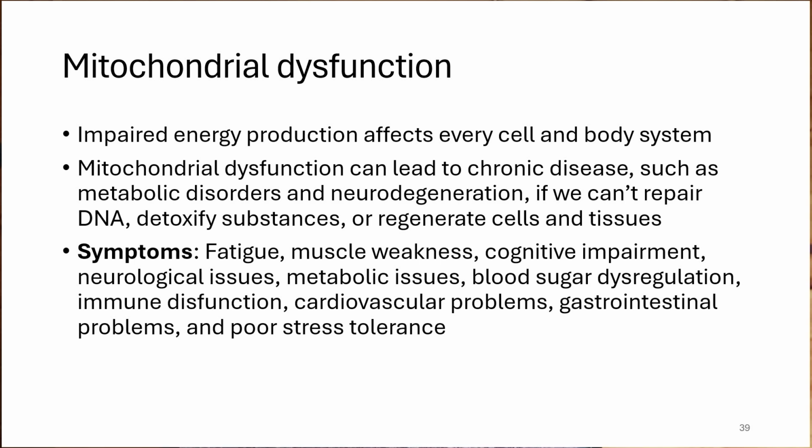It'll affect the immune system, cardiovascular, gastrointestinal. So just like how EMFs affect the immune system, which can indirectly affect all other body systems, when EMFs affect our mitochondria, it literally affects every system in our whole body.